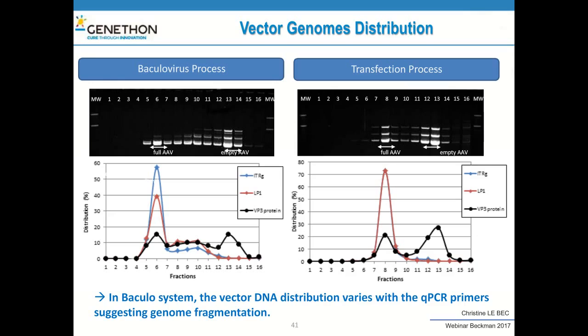And for the baculovirus, you can see on the left panel that you have some specific full particles in the fraction 6, but you have also some fragmented DNA vectors in the fraction 7 to 11. And for the transfection process, you do not have this fragmentation of the genome.